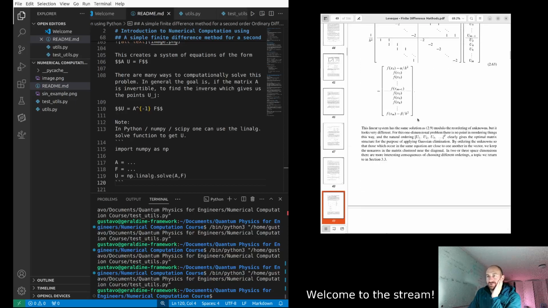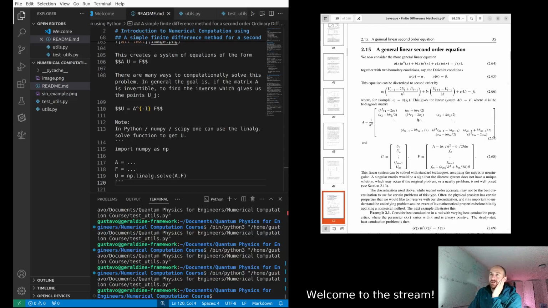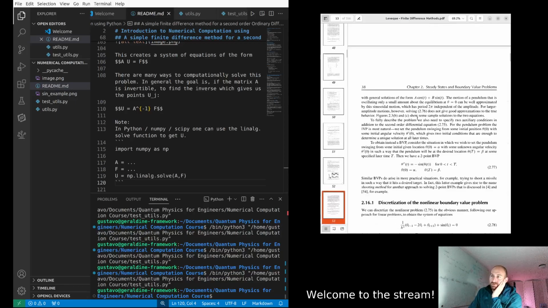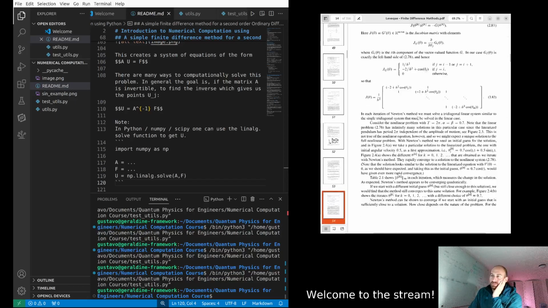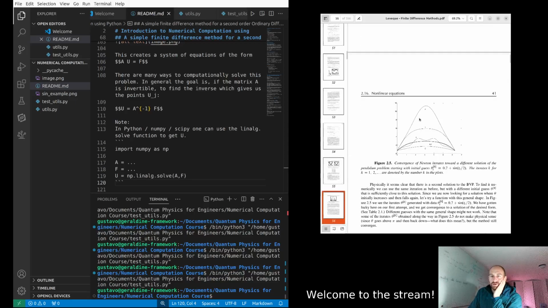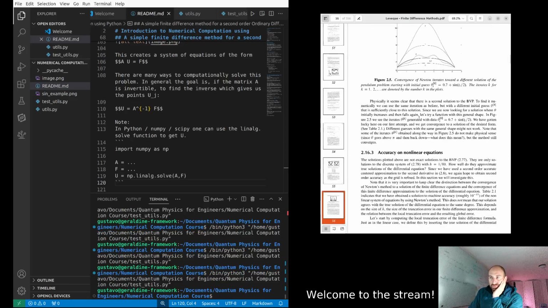Obviously there are lots of theoretical questions that you have to answer, like stability, like when the approximation is good, but I think we won't have time to cover it here, but it will be interesting to do in a further stream.